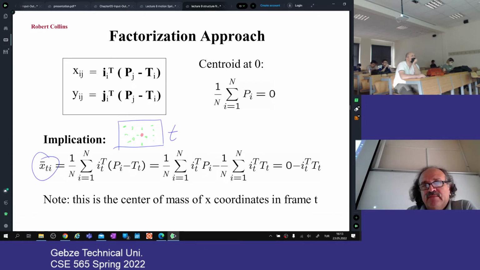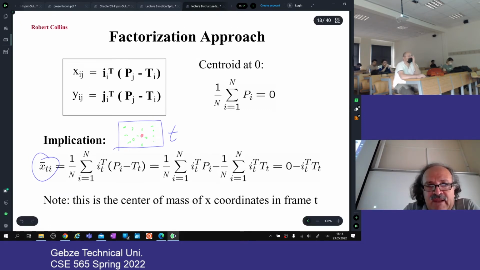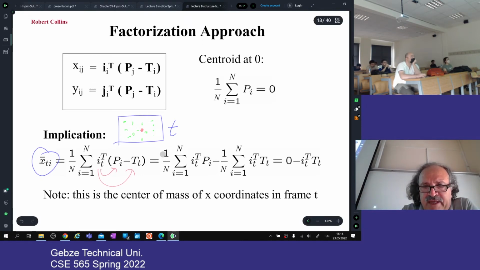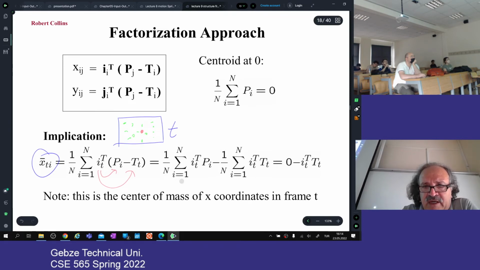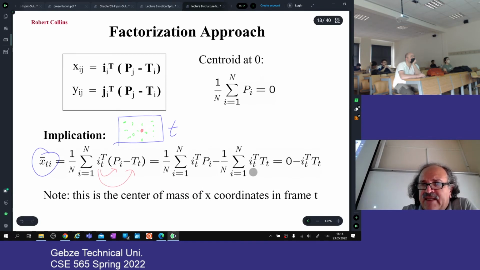Okay? So for each image I can calculate this, right? Because for each image I know my 50,000 points. I can add them and find this value in there. And if you do this, multiply this one and multiply this one, what do I get? 1 over n times the sum from i equals 1 to n of I_t^T P_i, minus 1 over n times the sum of I_t^T t_t.